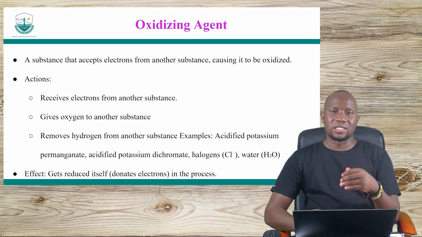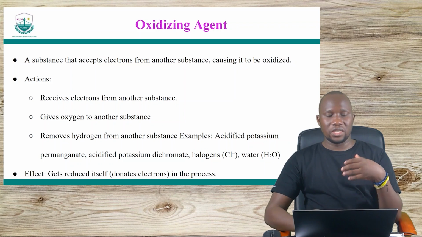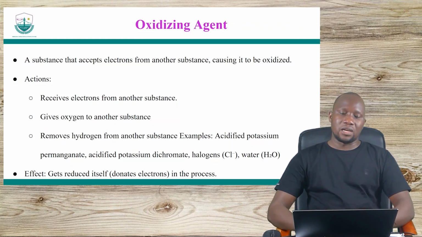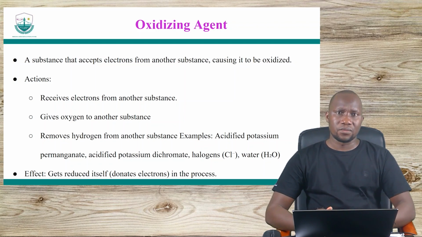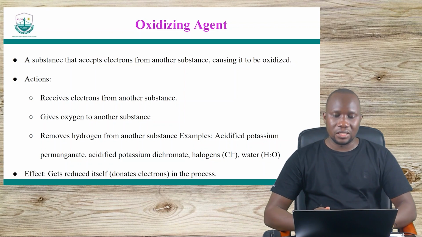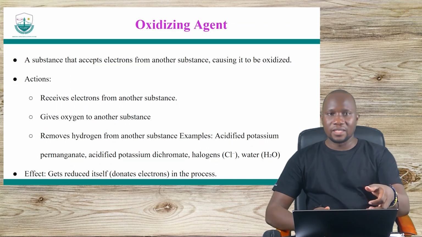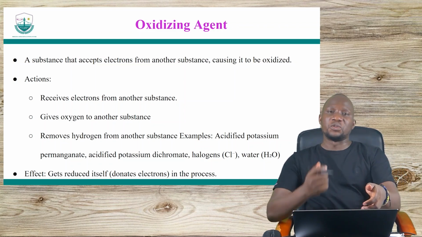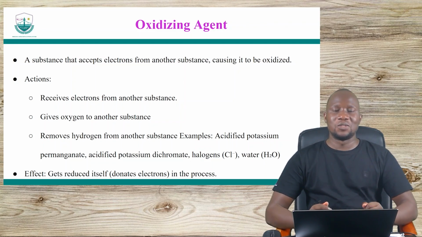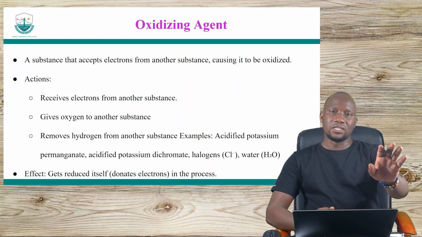Okay, oxidizing agents are about addition of oxygen, removal of hydrogen, and also receiving electrons. Okay, so in redox reactions, if for example you use an oxidizing agent, the agent will oxidize the substance, but it itself gets reduced. This is to say that it will not remain the same. If it is oxidizing, it will give the oxygen.